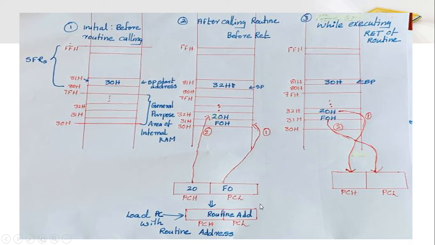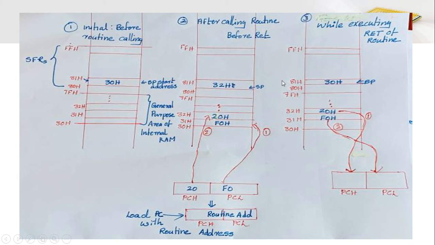Now we load the program counter with the target address, which points to the starting of the subroutine body, and transfer control to the subroutine body. Inside the subroutine body, after executing the return instruction, what will happen? We need to pop back the pushed content into its exact location.